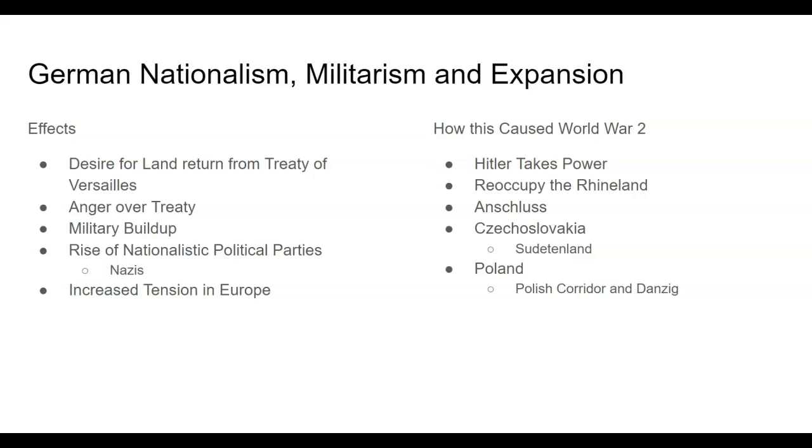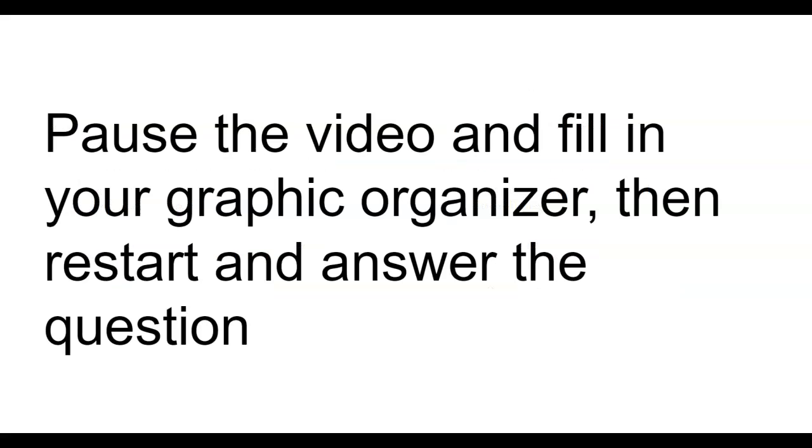And then finally, after he accomplishes his stuff in the Sudetenland, he will then turn his eyes towards Poland, and we will get into Poland next, probably a day or two from now. So again, pause the video, fill in your organizer, answer the question.